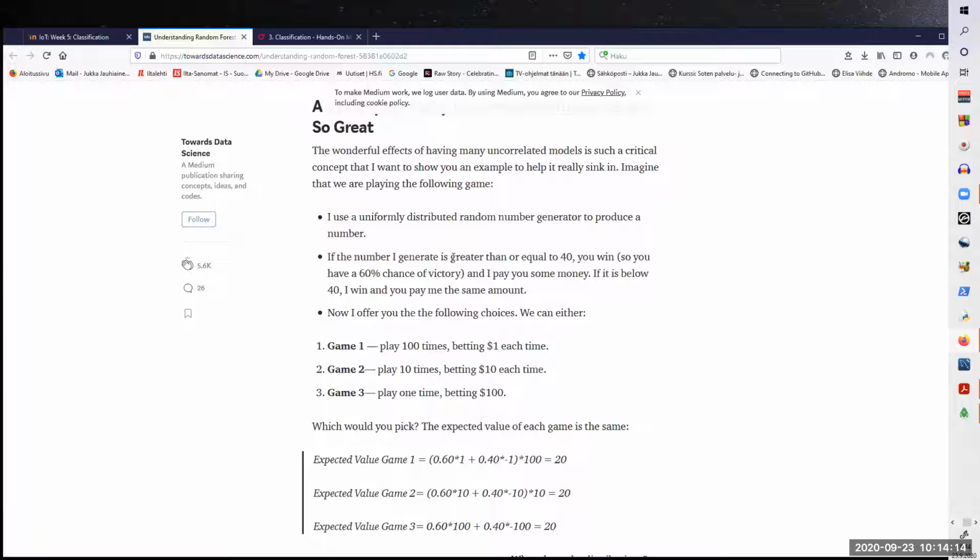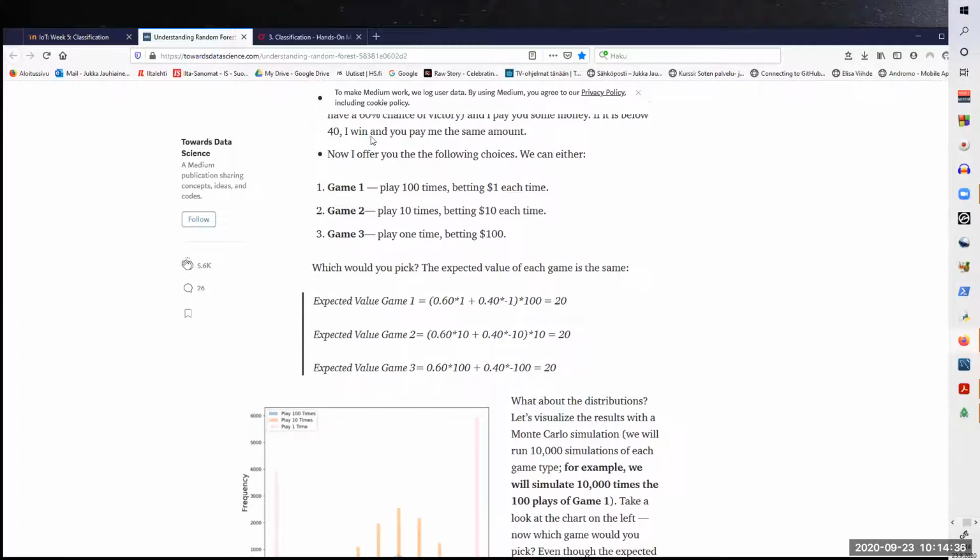If the number this generator produces is greater than or equal to 40, you win, and I pay you some money. If it's below 40, I win and you pay me the same amount. Now I offer you the following choices. We can either play 100 times, betting 1 each time, play 10 times, betting 10 each time, or play 1 time, betting 100 each time.